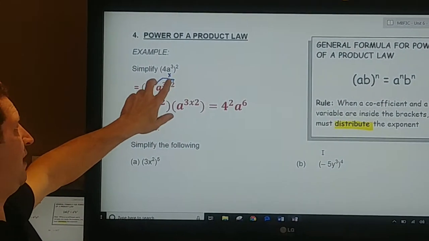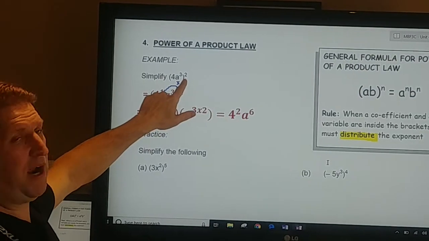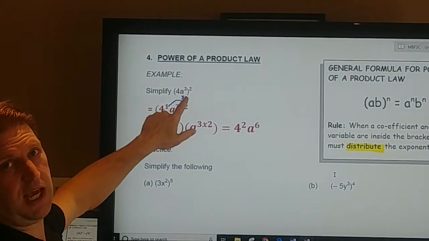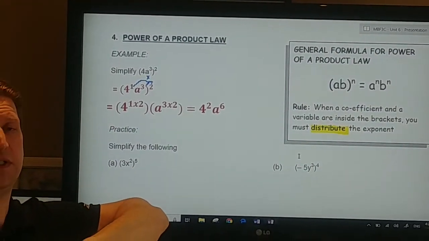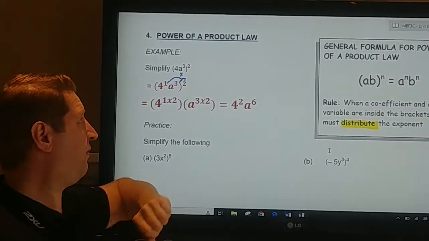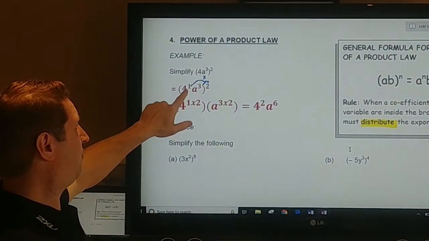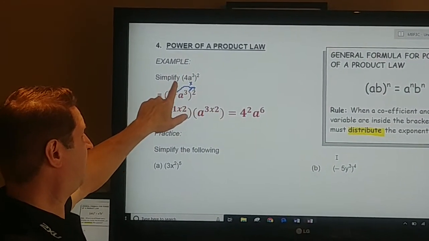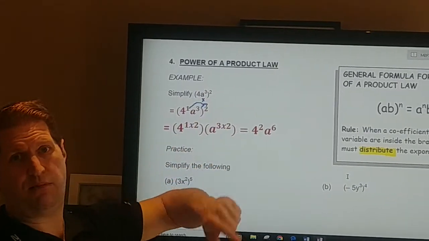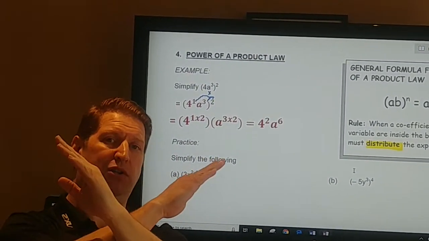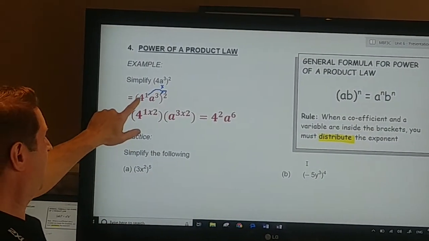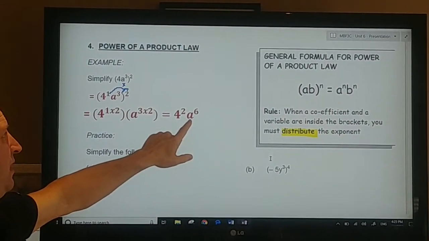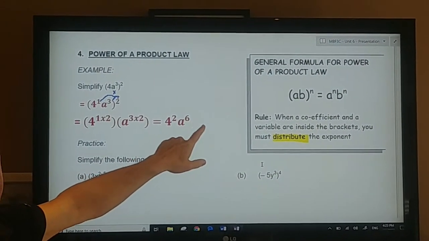So in our first example, we have the square, which must be distributed to both the 4 and to the a. Now, just as a reminder, there is a hidden number there. That's not just 4, that's 4 to the 1. So that 2 has to get distributed to both the 4 and the a, and in both cases, the power becomes multiplication. So it's 1 times 2 and 3 times 2, or 4 squared, a to the 6.